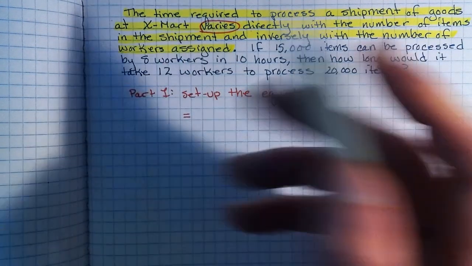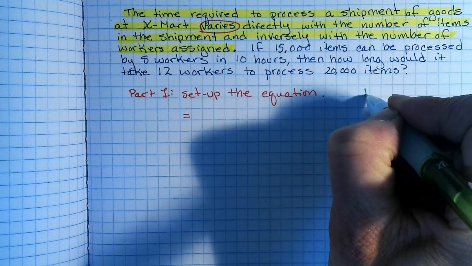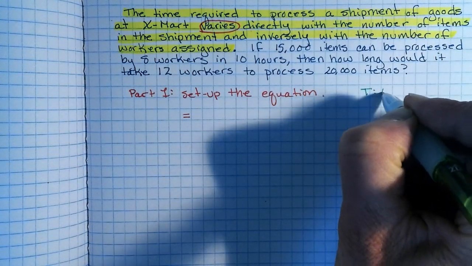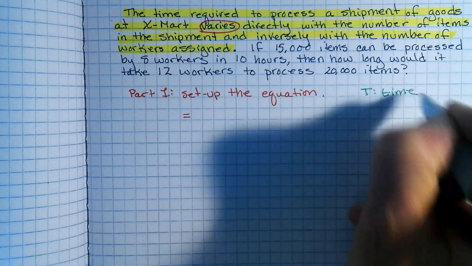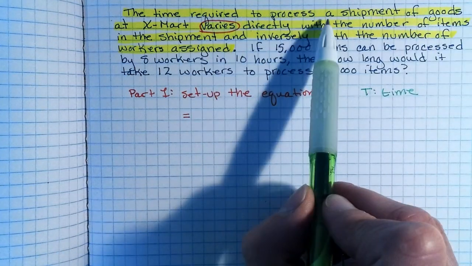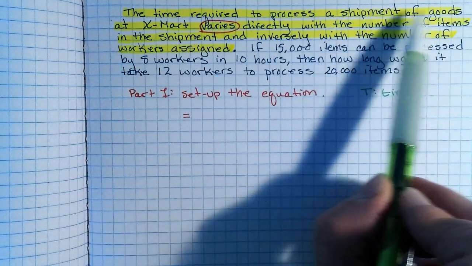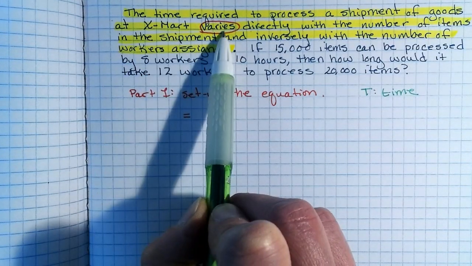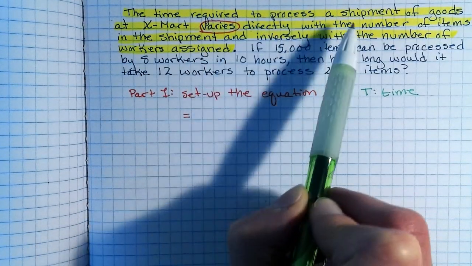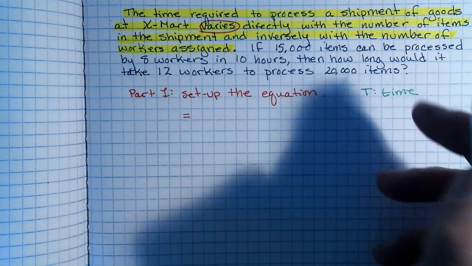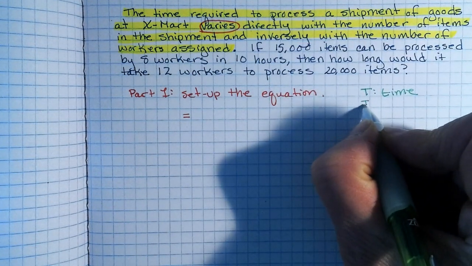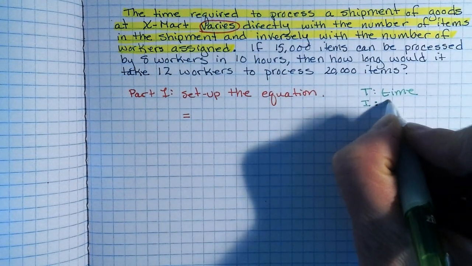For T, T means time. Then the time required to process a shipment of goods varies directly with the number of items. So I'm going to use capital I for items.